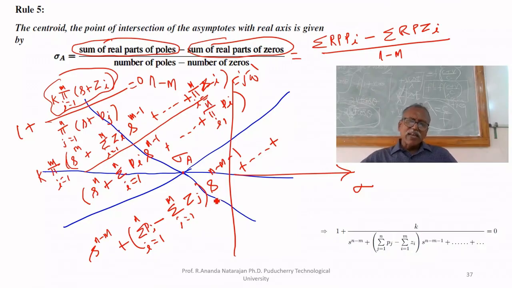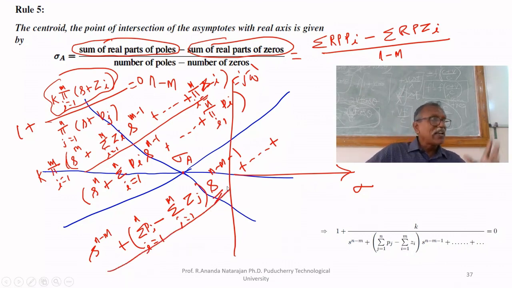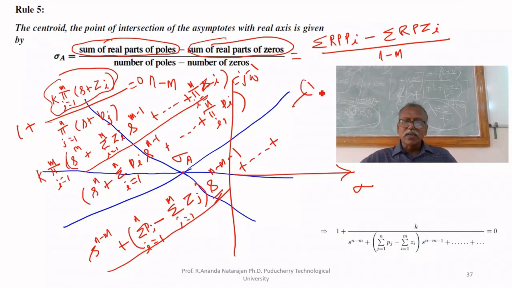For large values of s, we can approximate the denominator to only the first two terms. Let it be 1.